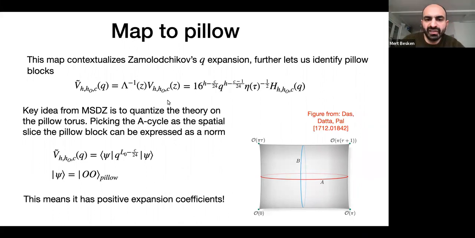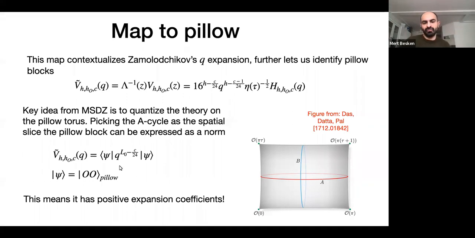And if you use Zamolodchikov's definition of the plane block that related it in an ad hoc way to its H function, you get a map between the pillow block and the Zamolodchikov H function here. You have this q appearing here and this Dedekind eta function, all coming from this conformal map from the sphere to the pillow.